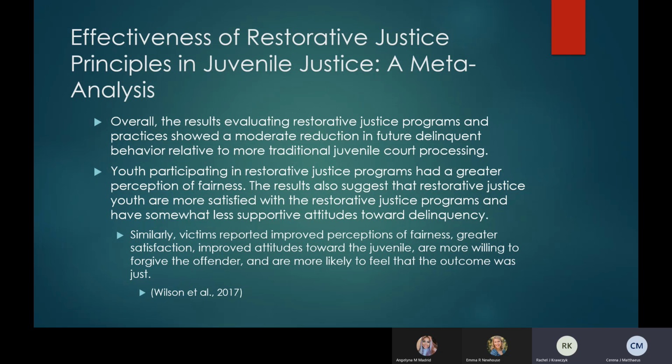The results also suggest that restorative justice youth are more satisfied with the programs and have somewhat less supportive attitudes towards delinquency. And victims reported improved perceptions of fairness, greater satisfaction, and improved attitudes towards the juvenile. They are more willing to forgive the offender and are more likely to feel that the outcome was just.